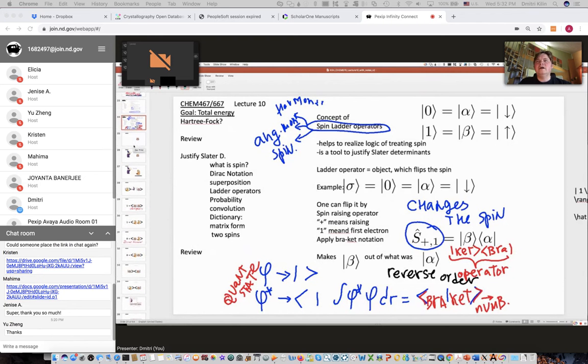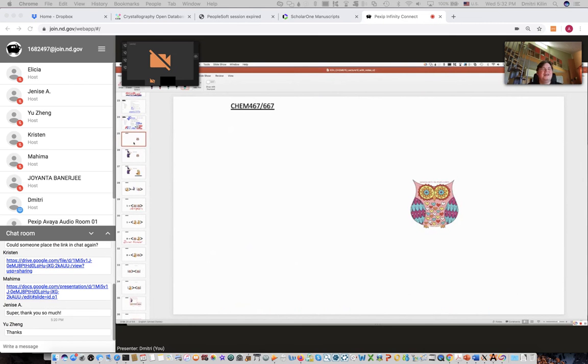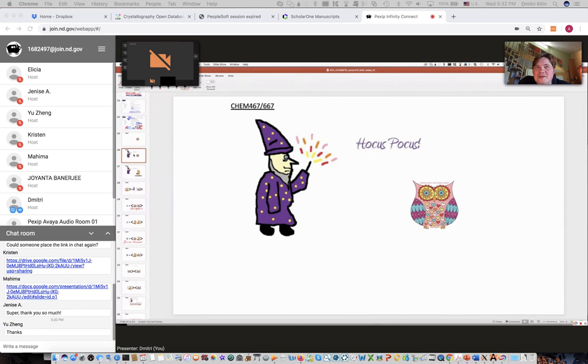So what are these spin flipping operators? How can we wrap our mind of our regular everyday thinking around this concept? Suppose we have a bird, an owl, and suppose we have a wizard that makes a hocus pocus and converts an owl into a skylark.